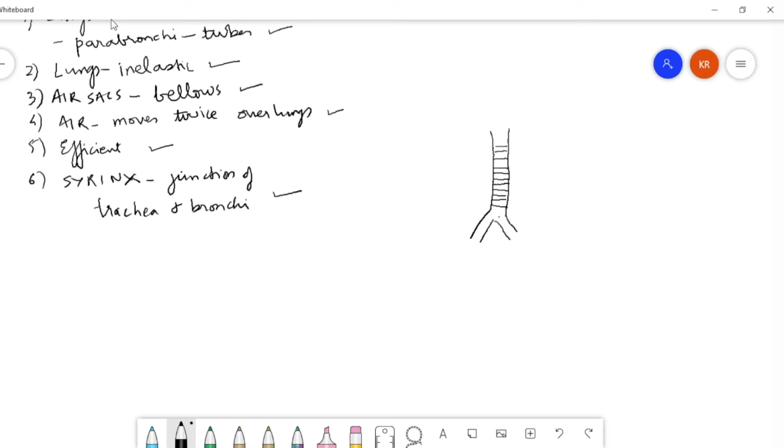At this junction here is the syrinx. These are the bronchi. This is the bronchus. Here will be the syrinx. In this place here will be the syrinx, but I'm not marking it.